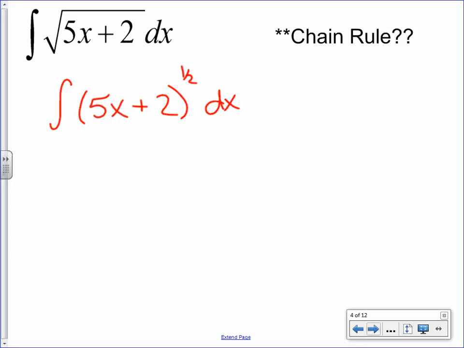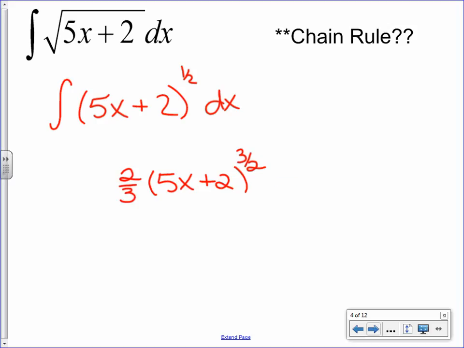Now, if we were to take the power rule on this, what would we do of the entire quantity? Well, we would take our power and increase it by 1, and then we would divide by that, or multiply by the reciprocal of that power.